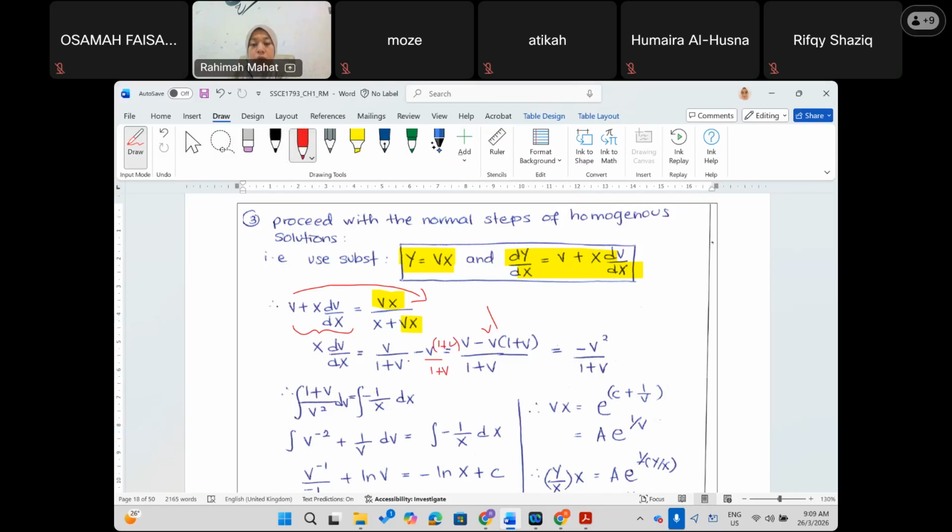Okay, so you get v minus v, you can get this term. And then after that, you do the simplify. V minus v minus v. This one, you need to expand first and then you simplify. So you will get negative v squared over 1 plus v.